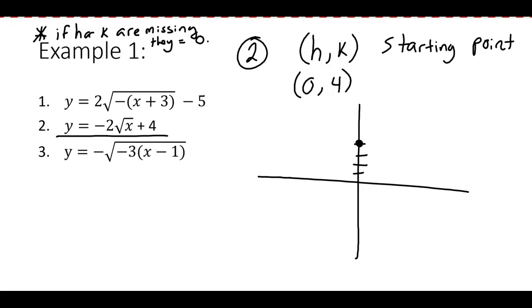All right, let's see if we can figure out what the A and B are here. So, David, what's the A value up here? It's the number in front of the square root. So, -2, good. So my A, is it positive or negative?